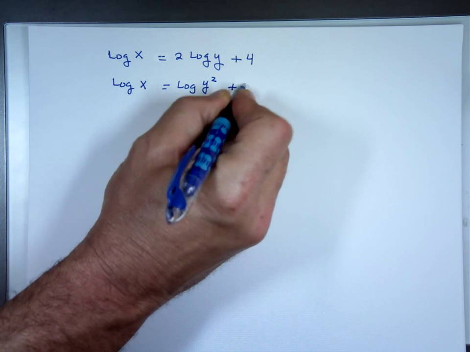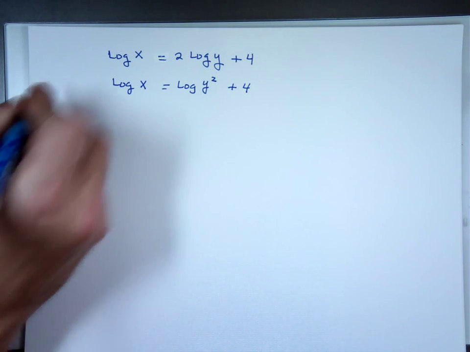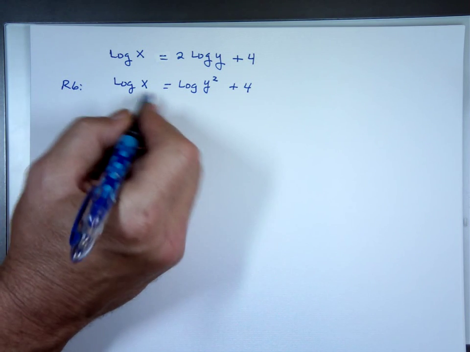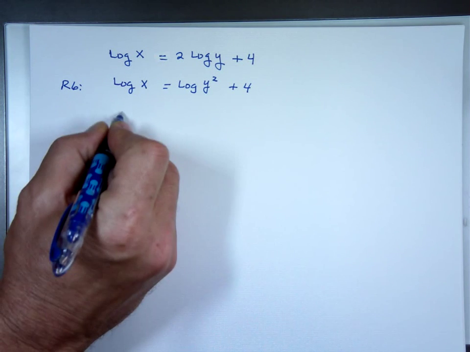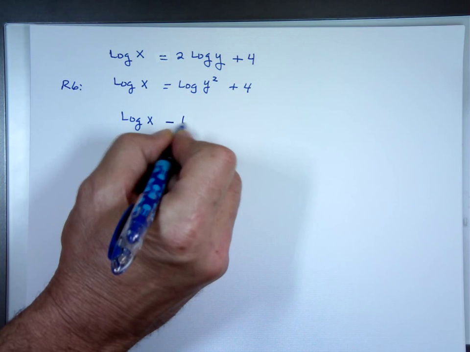I have no problem with it. What else now? Subtract log y squared. Oh, so you're going to move it to this side. I like that. Bring it to this side. Make it a minus. So this becomes log of x minus log of y squared equals 4.